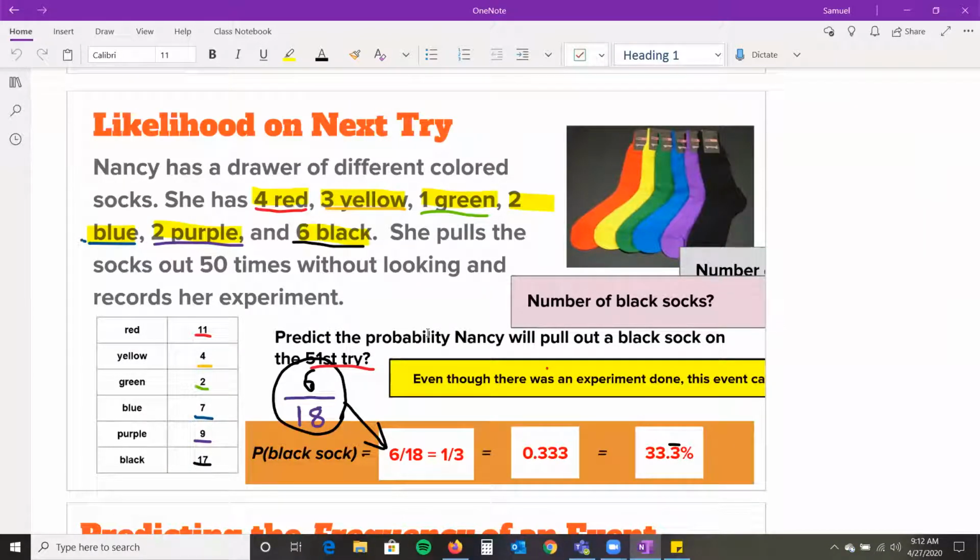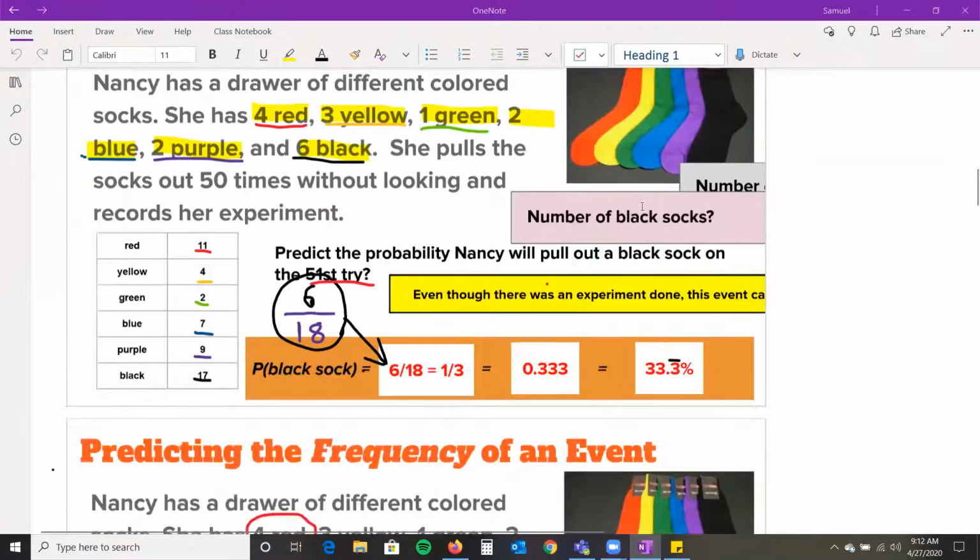So on the screen here, when it says probability of getting a black sock, it's just going to be 6 out of 18. 6 out of the total 18 socks is the likelihood of her drawing a black sock because she keeps putting it back, right? So that's predicting the likelihood on the next try using that theoretical probability, okay?